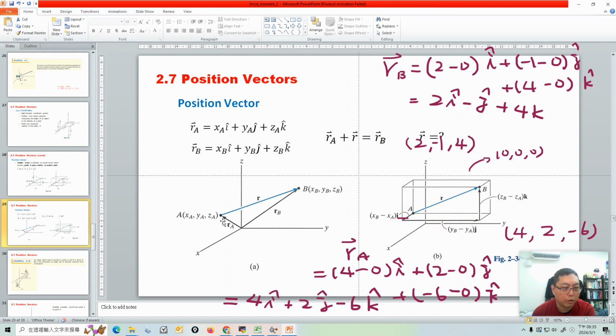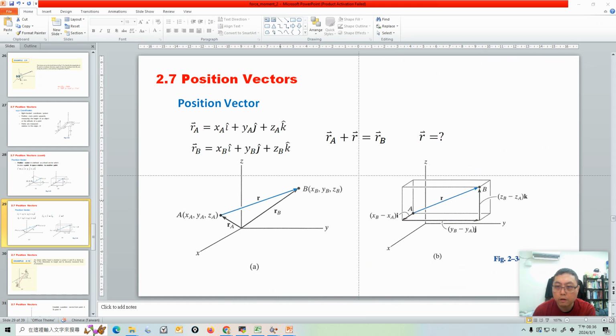Suppose we want to calculate the AB vector, from point A to point B. You have two points, A and B, and you just subtract the coordinates of these two points.